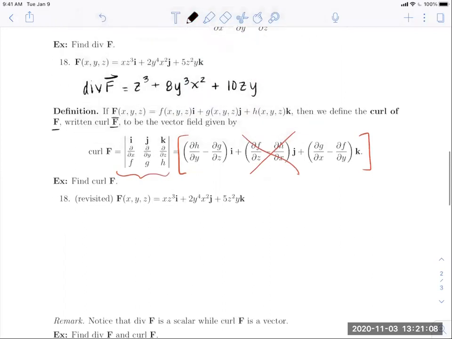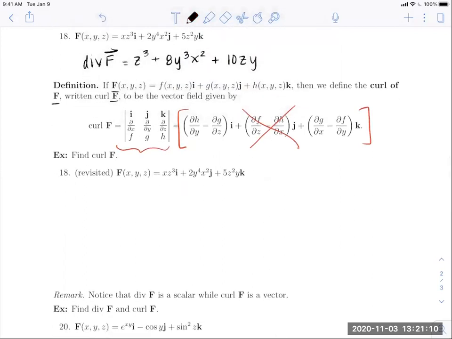All right, so we want to look at that exact same vector valued function and now compute the curl. So what I'm going to do is set up my matrix first. I always have i, j, and k across the first row, and I always have partial with respect to x, y, and z across the middle row.